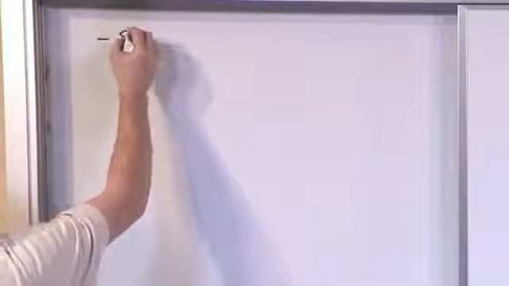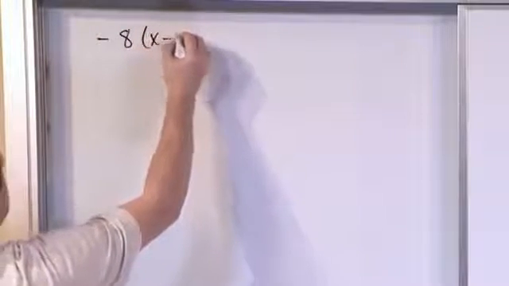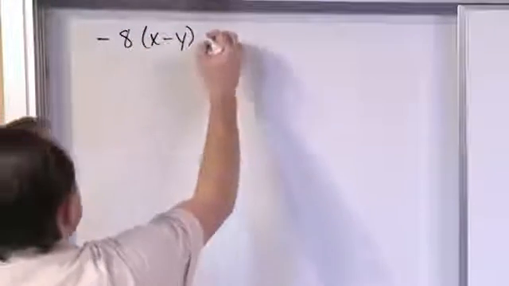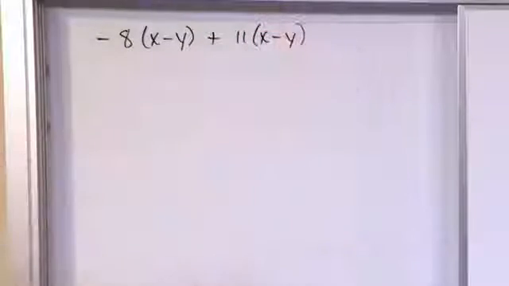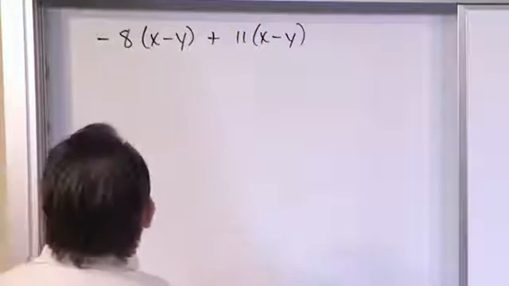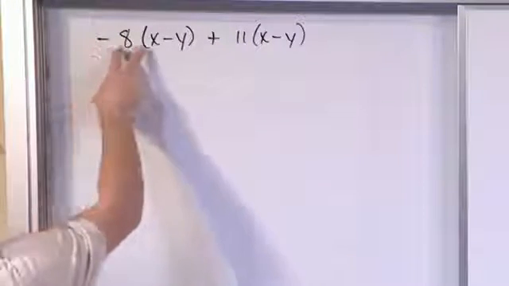All right, just a couple more problems here in this section. What if we have -8 times x minus y plus 11 times x minus y? All right, so it's the same kind of thing. We want to simplify it. We want to add everything together. We can, but we have a -8 out in front of this guy.